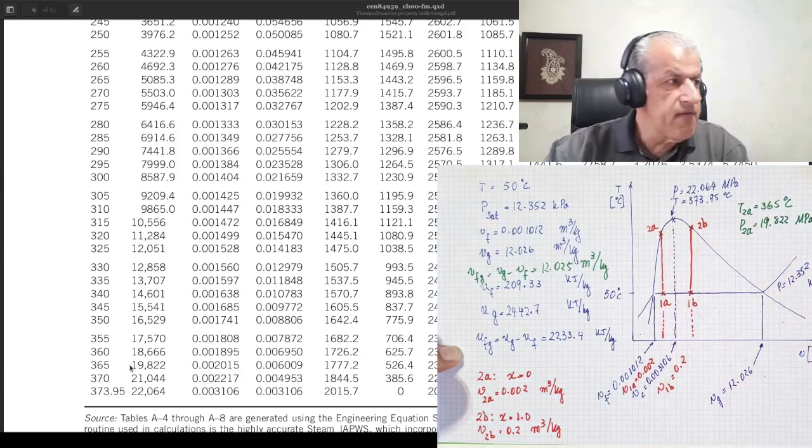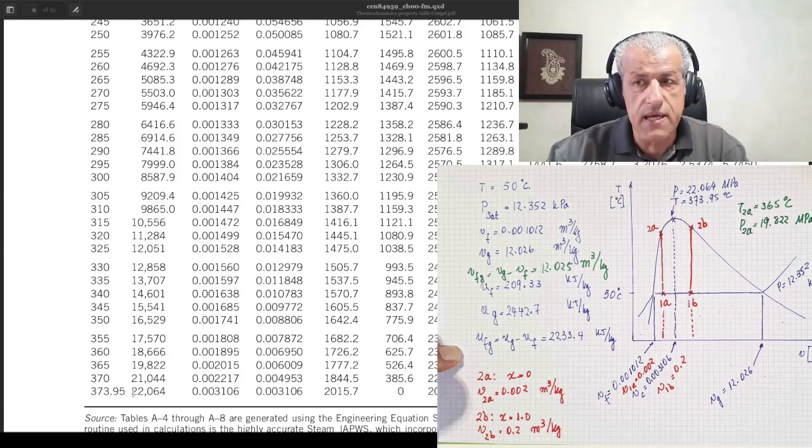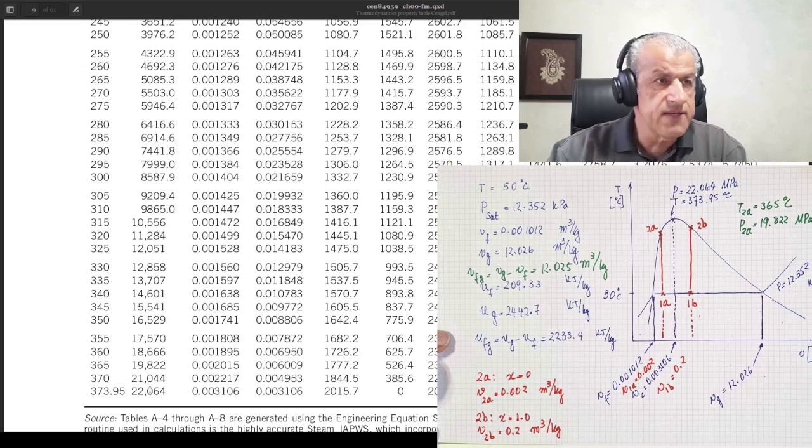You see, we are very close to the critical point, which is here. We are very close to it, and the temperature is only about 9 degrees away from the critical point, and the pressure is only just more than 2 megapascals away from the critical point. So point 2A is very close to the critical point.